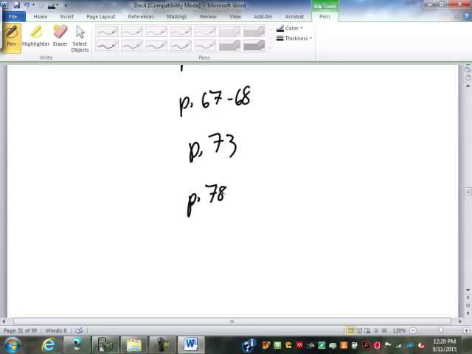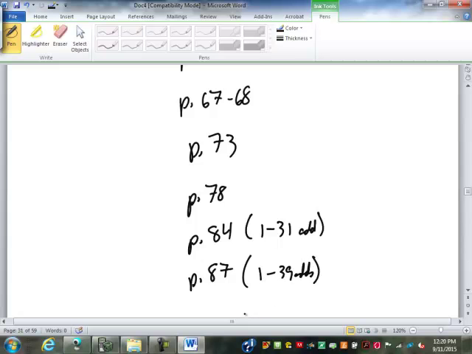Page 78 is a little bit of a review of percents. Page 84 and page 87 talk about the powers and the scientific notation. On page 84, only do 1 through 31, the odds. And on page 87, only do 1 through 39, the odds. With that, I guess have a great week.